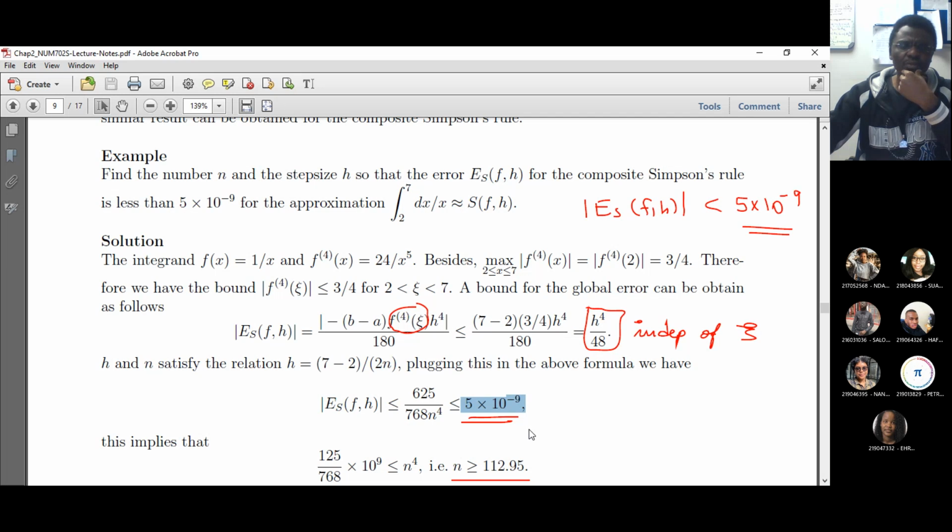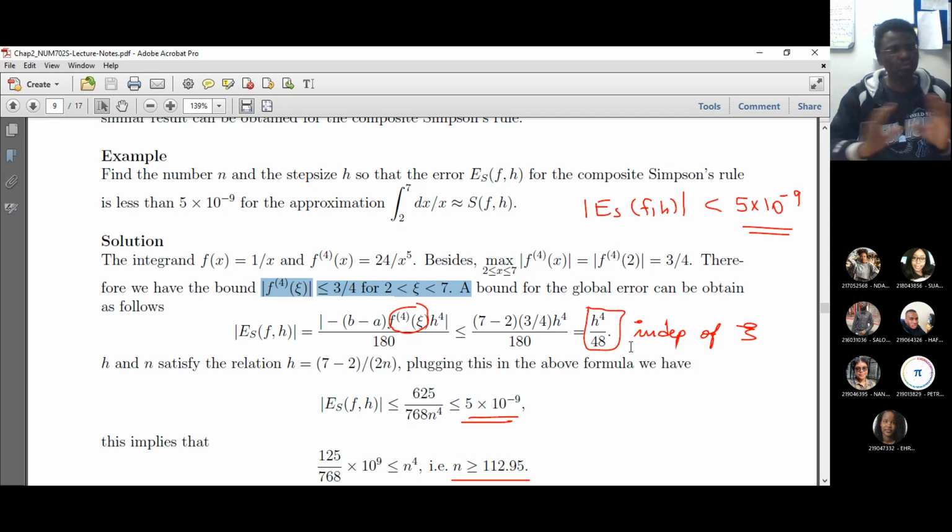And something else that I would like to point out here is that this procedure is not unique, meaning if you have a different problem, you will not proceed exactly this way. You have to find an upper bound. That one is almost compulsory.